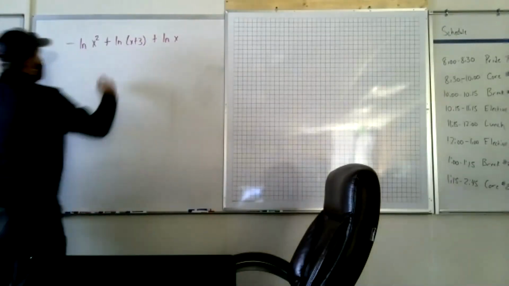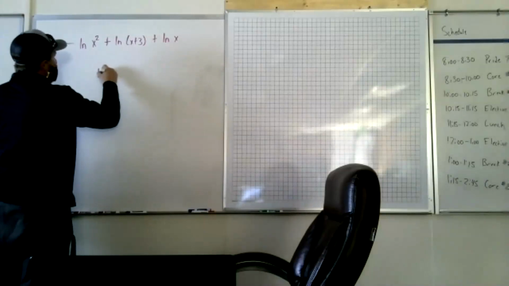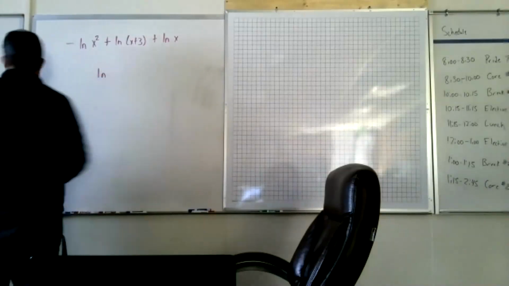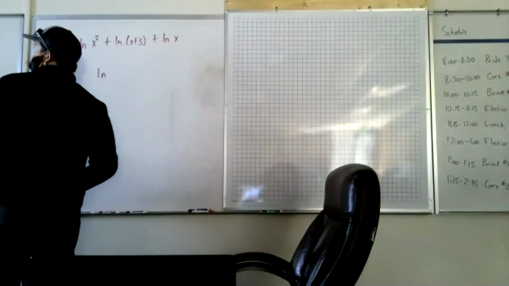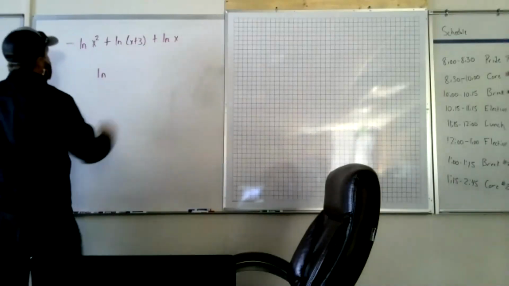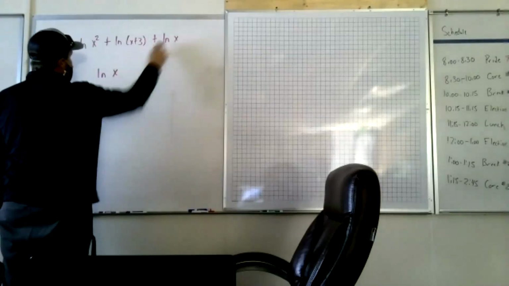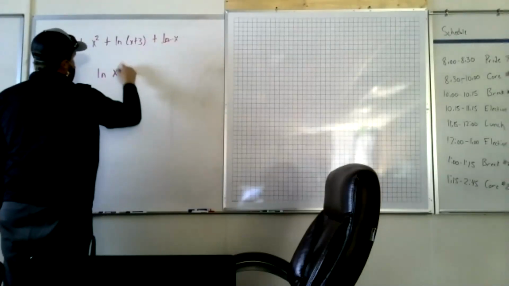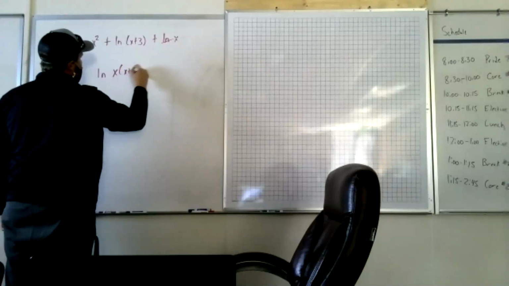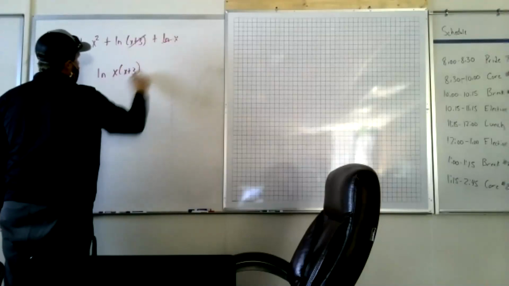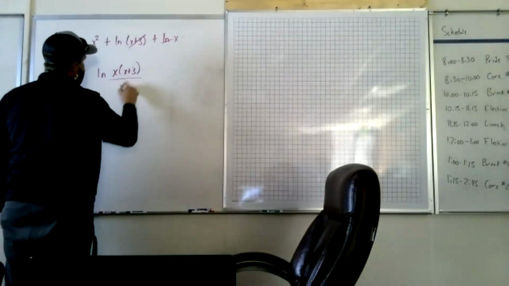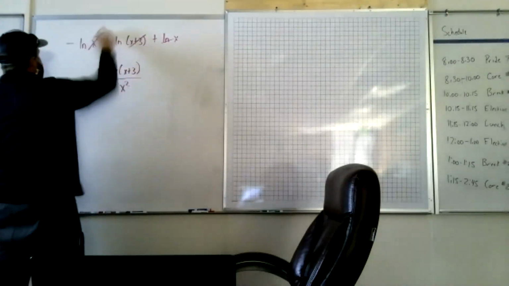Once I combine all these together, I get the natural log of x, that's this one, times x plus 3, that's that one, over x squared, that's this one.